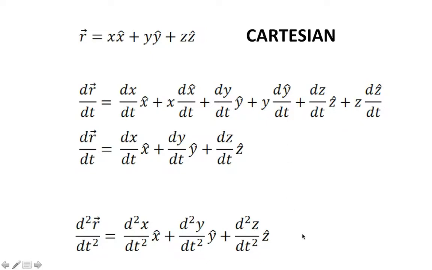In polar coordinates, things are going to be a little bit different. In polar coordinates, we know that our displacement vector is just r r hat. So when we take the derivative of the displacement vector, we find again that dr/dt r hat plus r times d(r hat)/dt. But unlike d(x hat)/dt, d(r hat)/dt is not 0 because r hat is not fixed in time.